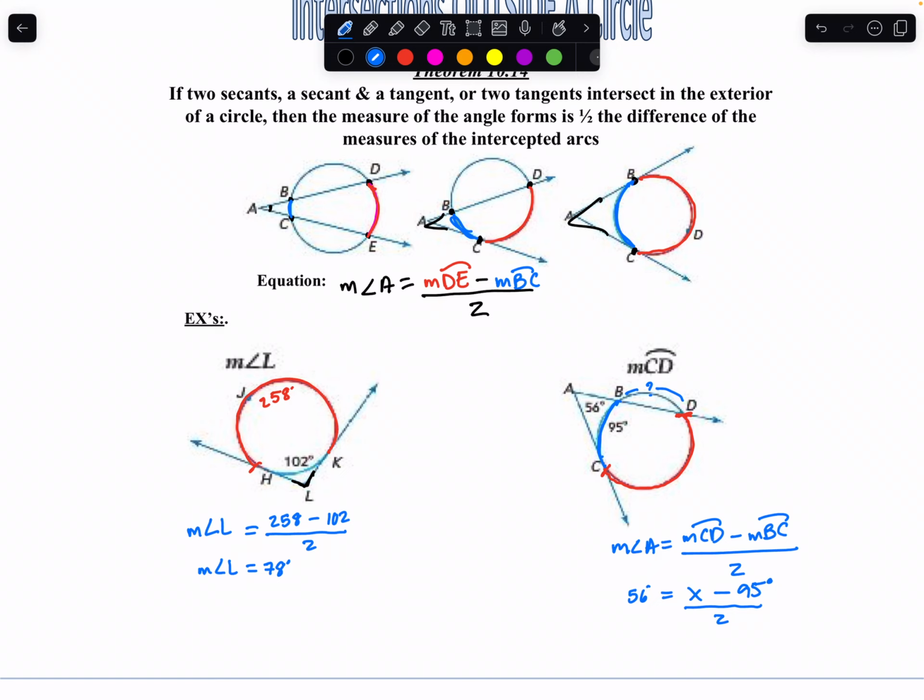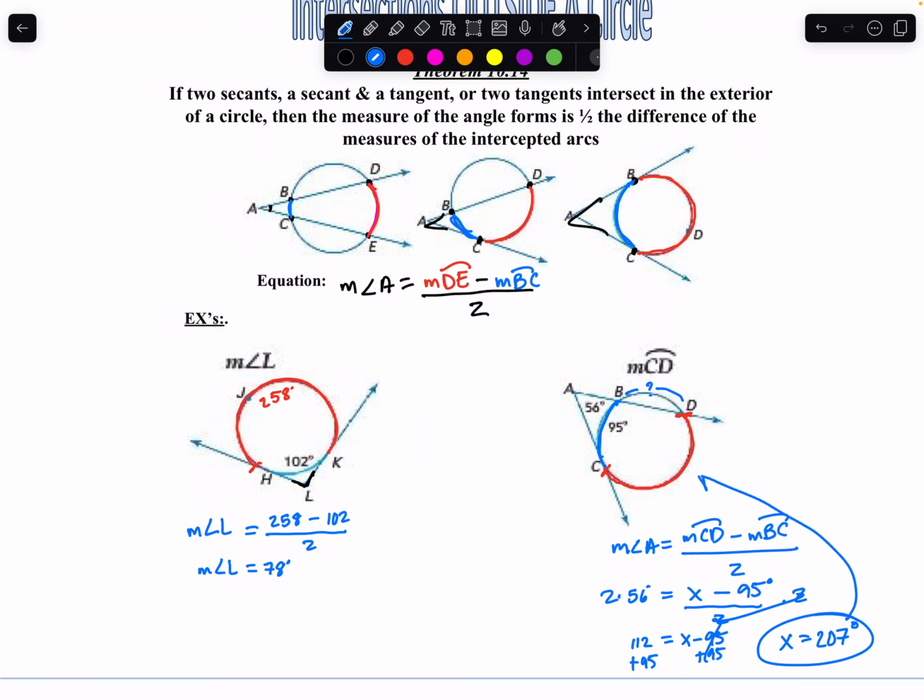So let's get rid of the divided by 2 by multiplying both sides by 2. 2 times 56 is 112. And now I can solve for x by moving the 95 over. x equals 112 plus 95, so 207 degrees.